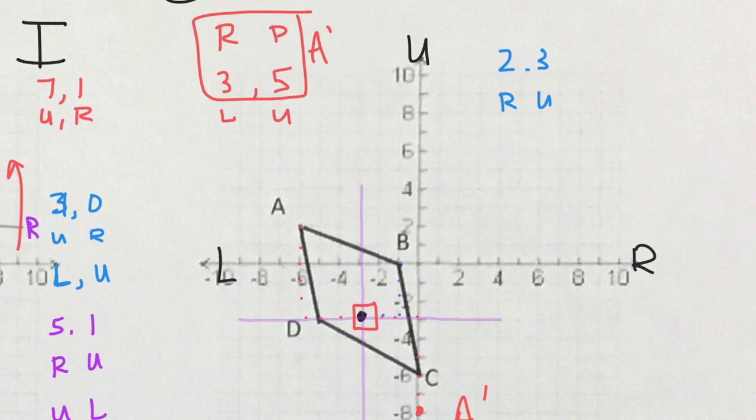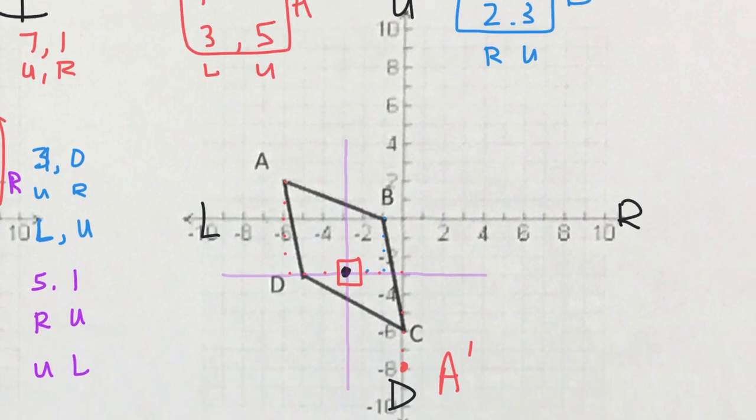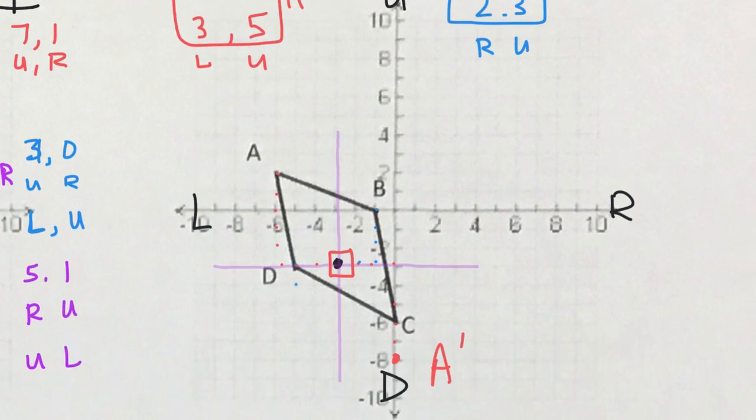So now we switch and go 2 units left and 3 units down. This is where we'll find B prime. 2 left and 3 down. B prime is now there.